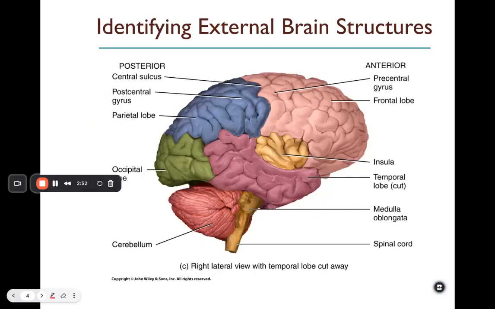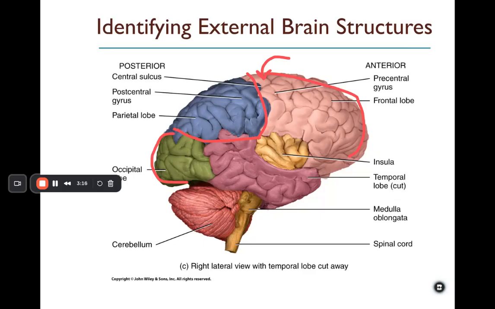So in the side view, we have the central sulcus dividing it kind of front and back. Here's our pair of parietal lobe. This is our occipital lobe in the back. Here in the front is the frontal lobe. Just anterior to the central sulcus is the precentral gyrus.